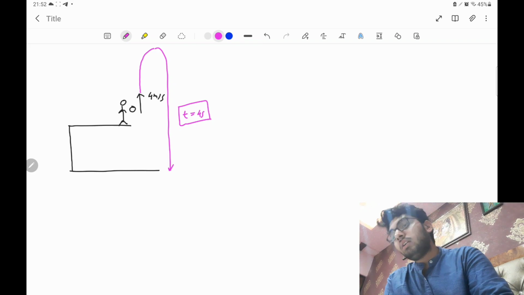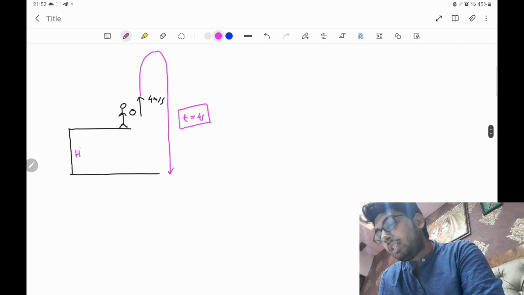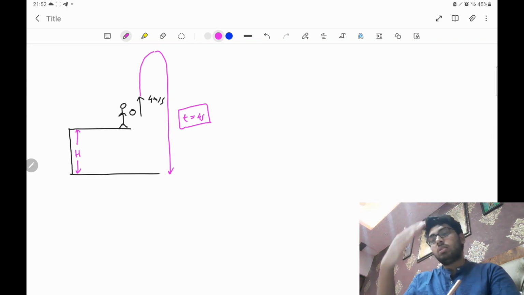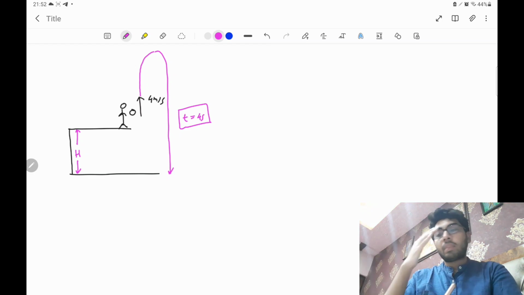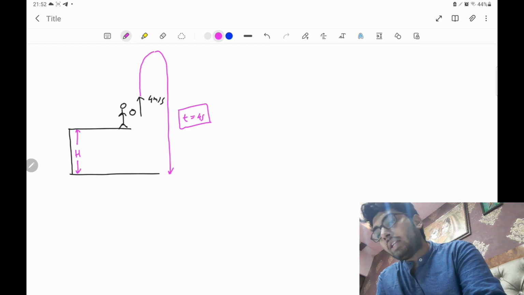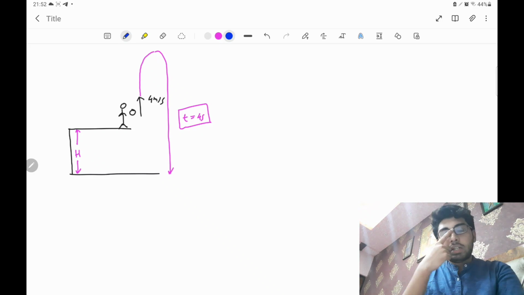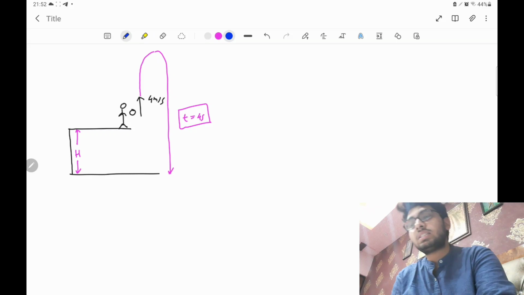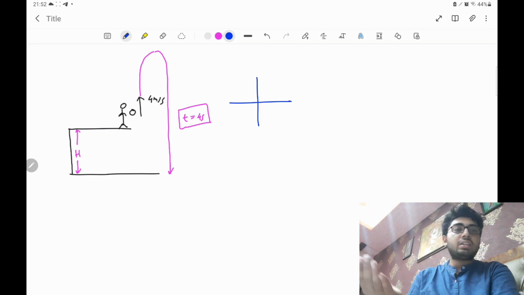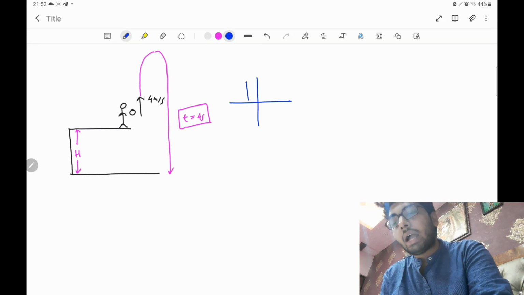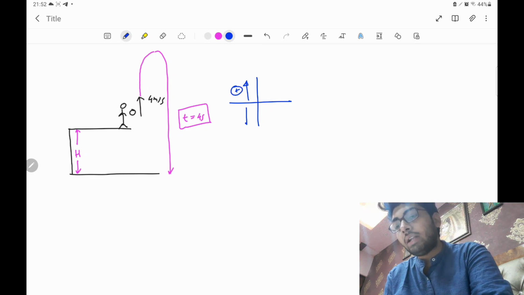So if I want to calculate the height of the bridge from the river, it is very clear. What formula will I apply here? H equals ut plus half gt square. But here the sign convention is very important. I just want you to remember the sign convention. Just remember the Cartesian coordinate system: anything above I will take to be positive, anything below I will take to be negative.